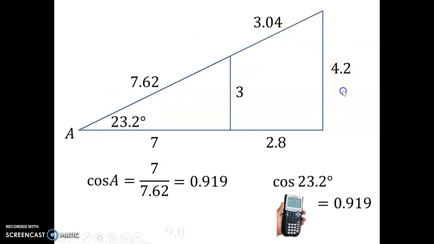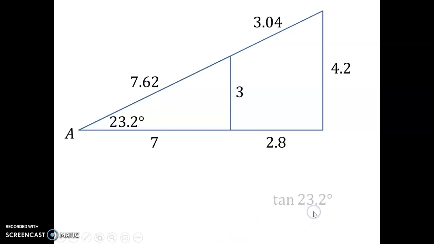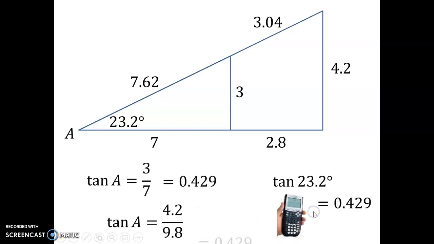What should it be? You should have gotten 9.8 over this. Why 9.8? Because cosine means adjacent side, which is this whole length now. That's 9.8 divided by the full hypotenuse. And guess what? The same thing again. It holds true. Excellent. It works the same for tan. We won't go through that, but I have tan set up there, and it works the same way.